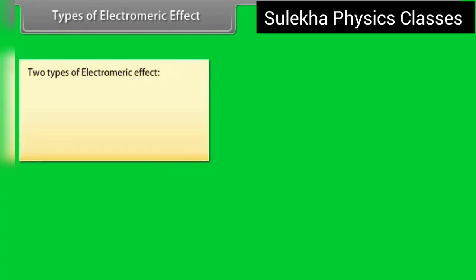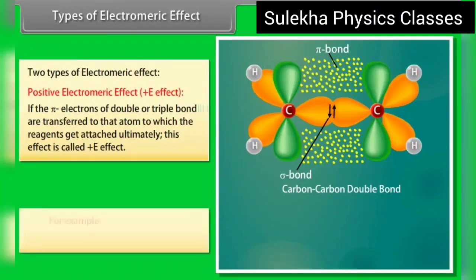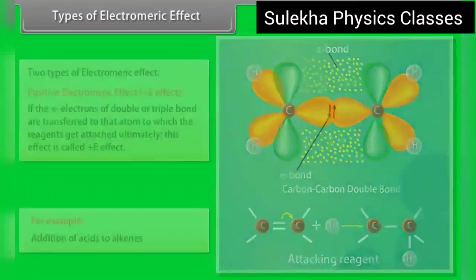Types of electromeric effect: positive electromeric effect, positive E effect. If the pi electrons of a double or triple bond are transferred to that atom to which the reagent ultimately gets attached, this effect is called positive E effect. For example, addition of acids to alkenes.